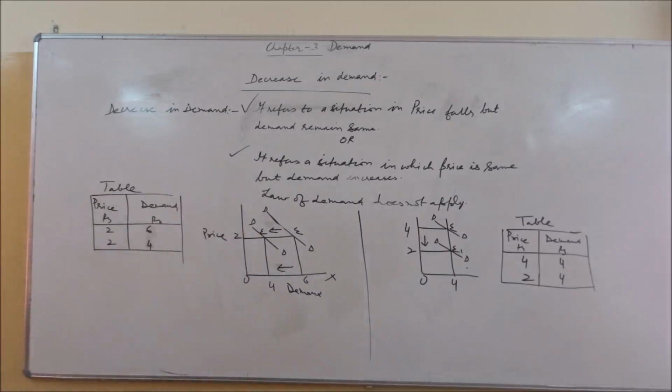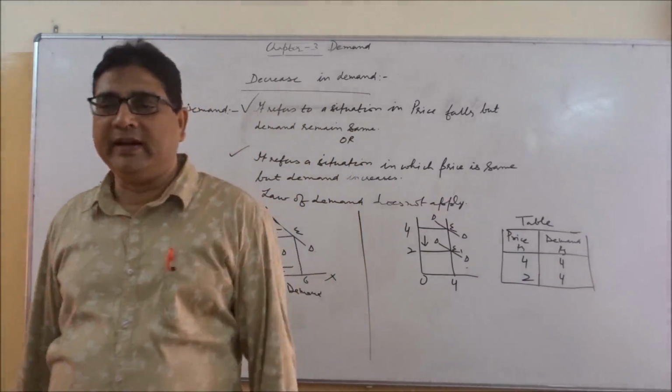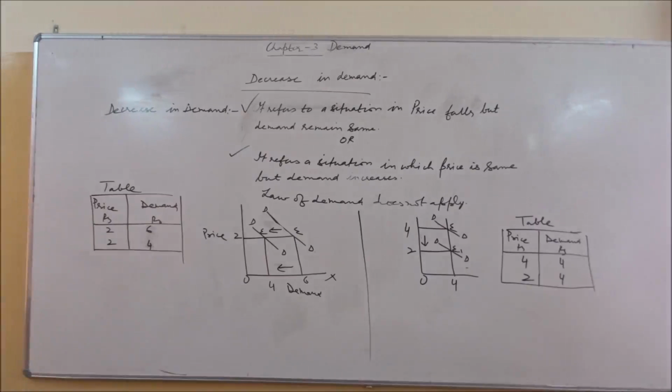It generally happens due to change in season, change in size of population, or decrease in size of population, or old-fashioned product. So these are the factors which are responsible for increase or decrease in demand.